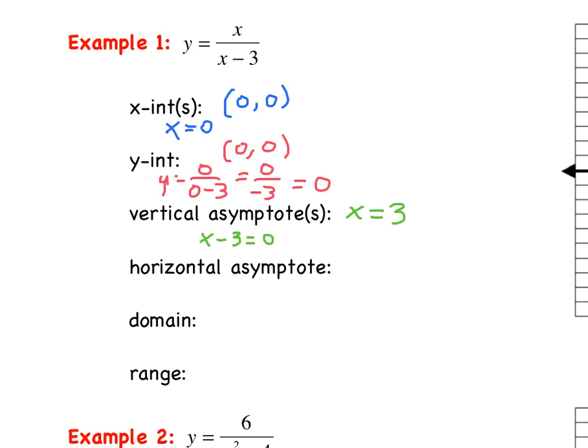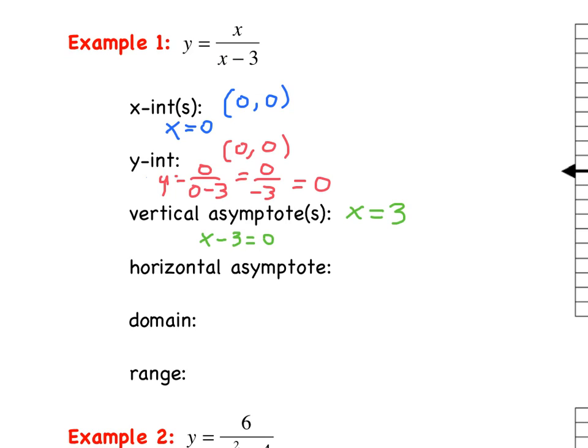Okay, for our horizontal asymptotes, we have to compare the degree of the numerator to the degree of the denominator. All right, so in our numerator, we have an x to the first power, so it is a degree 1. The denominator, we have an x to the first power, so it's also a degree 1.